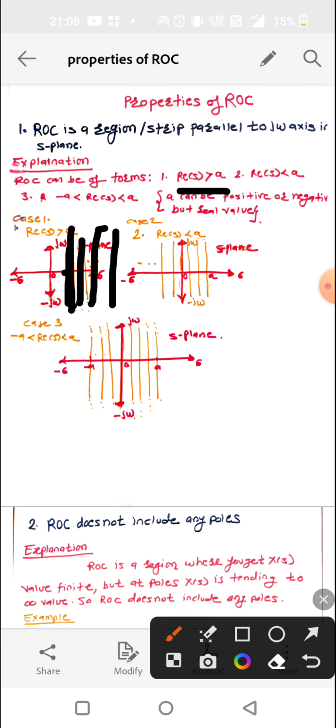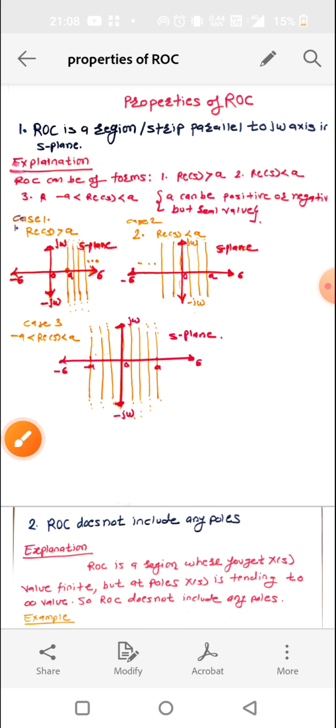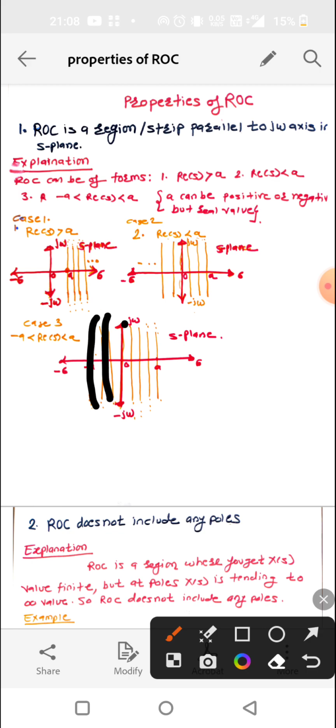If real S is less than A, then you will get the lines parallel to the j omega axis up to infinity. Suppose real S is between minus A and A, then like this.